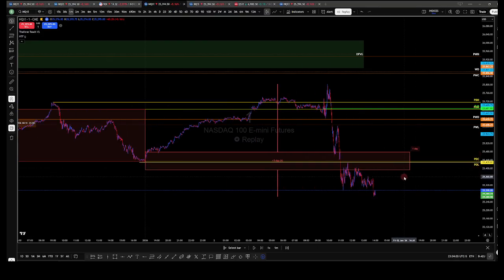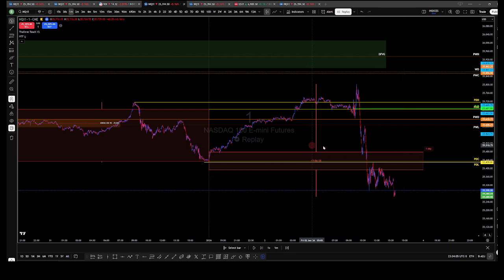But if you don't learn the very basic things like candlestick formation, it's gonna be very difficult for you to take advantage of these moves.